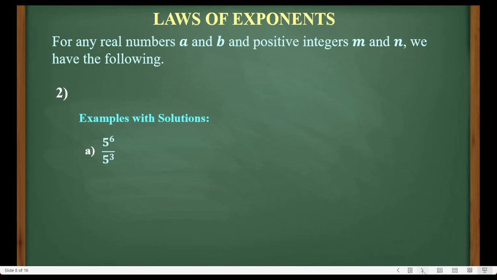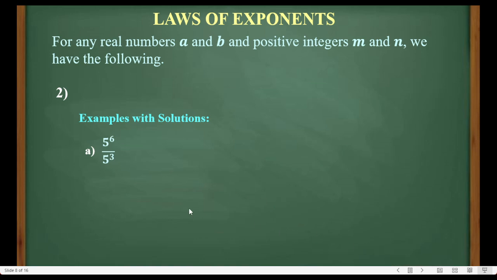So this time we are going to divide powers of the same base. And you will notice that the numerator here has an exponent of 6, while the denominator with the same base has an exponent of 3. Therefore, the exponent of the numerator here is higher than the exponent of the denominator.